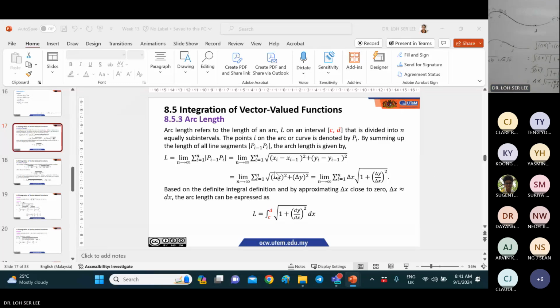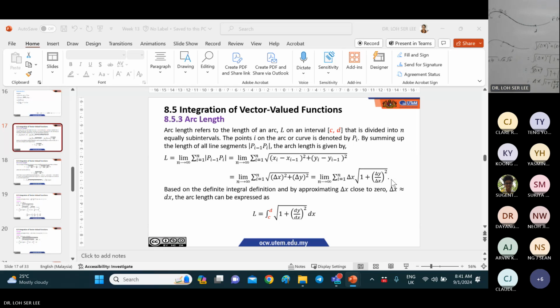This is how we change this into this: we factorize, then separate this into 2 like this, then simplify, and we get this.